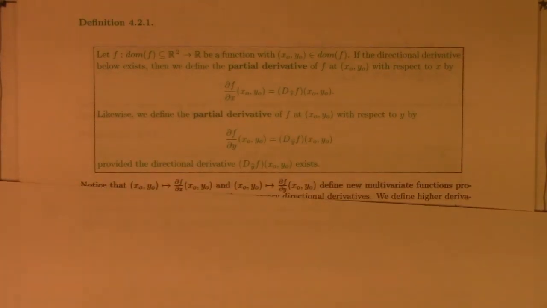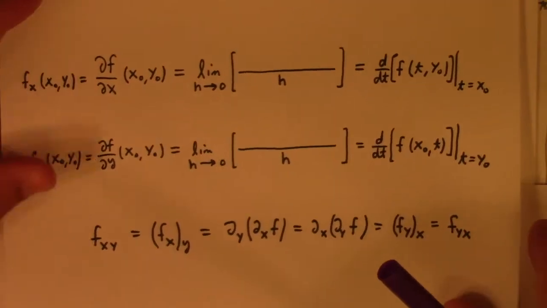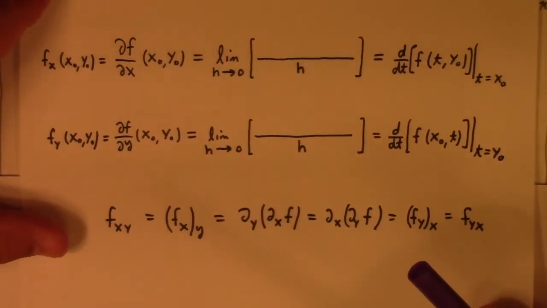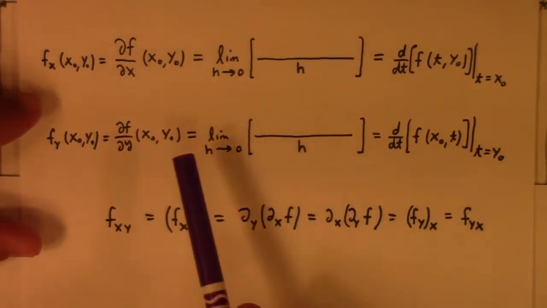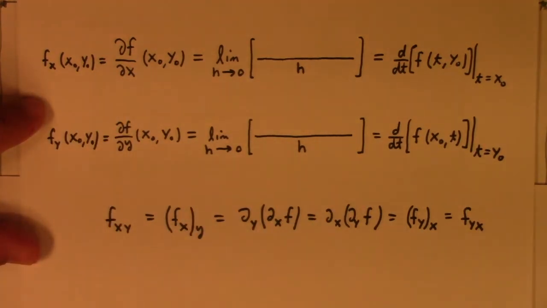And so great. Let me take a second here to write them out explicitly in terms of the limits for just a second. So I already did some of the work beforehand. So here's some notation: f sub x at x naught y naught is another notation we have for the partial derivative.